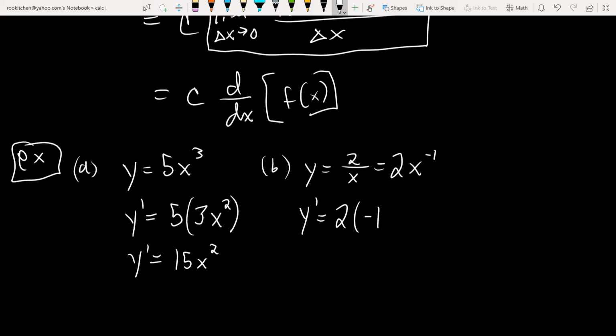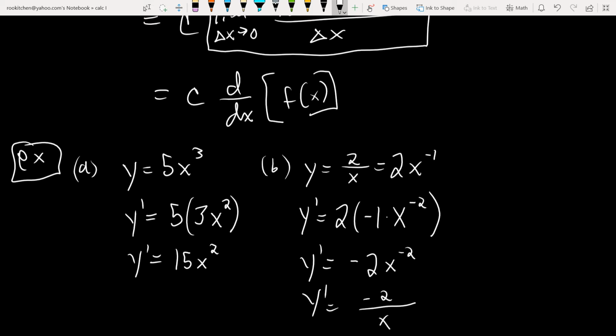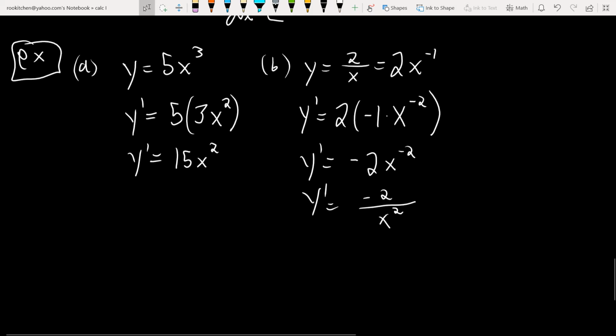So I'm going to bring down the negative 1 times x to the negative 1 minus 1 is negative 2. Okay. So y prime will be, and then we can multiply this out. 2 times negative 1 is negative 2, x to the negative 2. And if you must, you could rewrite that with the x squared below. Okay. Just change the sign of the exponent and drop it to the denominator.